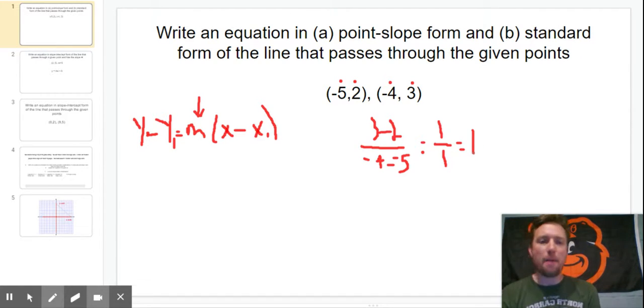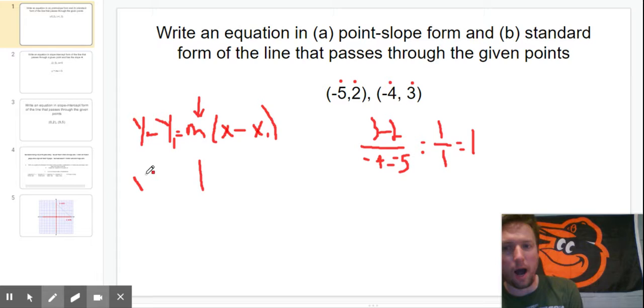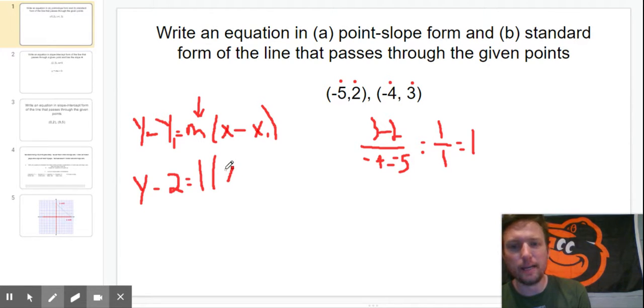Very good. Now, I'm going to plug that 1 back into my point slope form. That's going to be 1 here. And then I can actually write this equation in two different ways. The first way, I can keep my y and use my first y, which would be 2, equals 1 times, or you could just leave that out completely and say x minus our other coordinate, which would be negative 5.